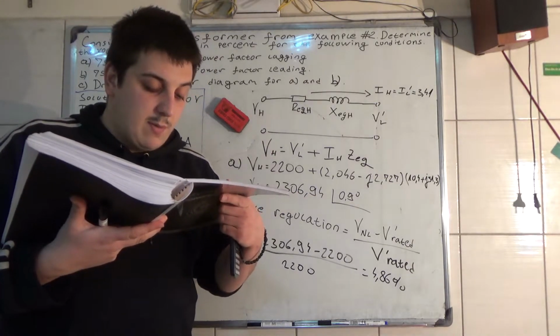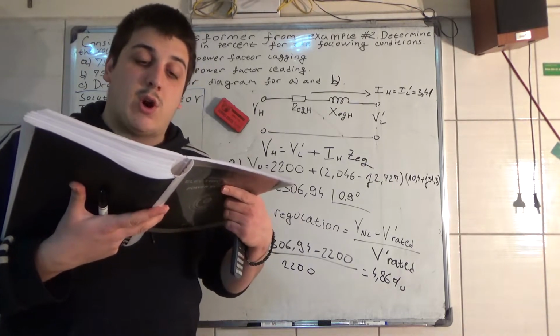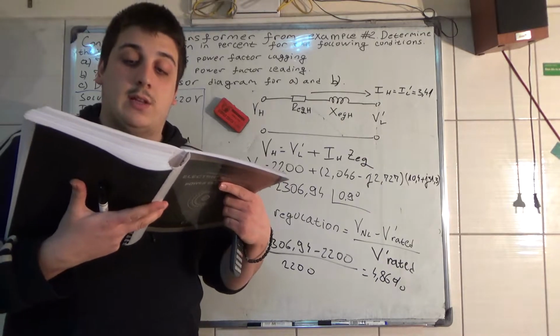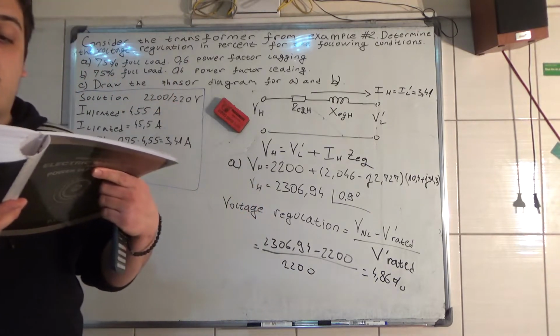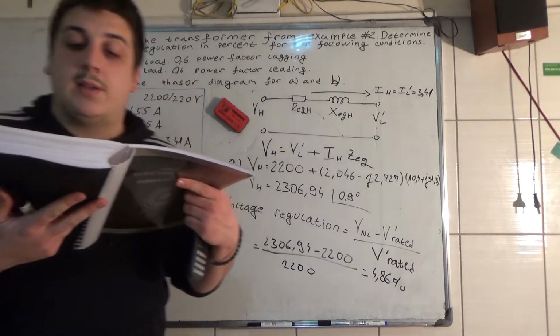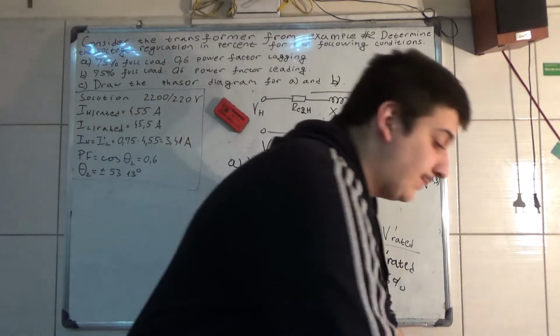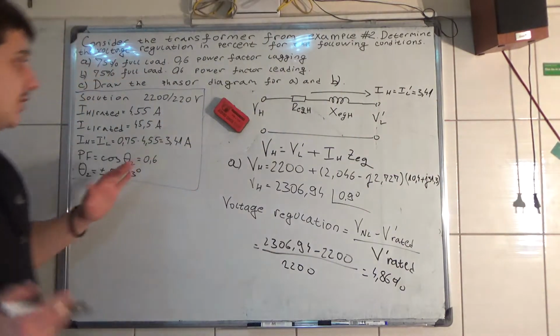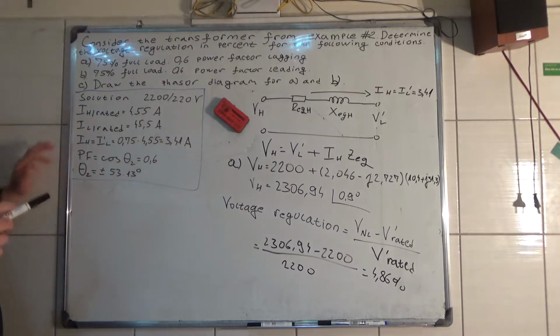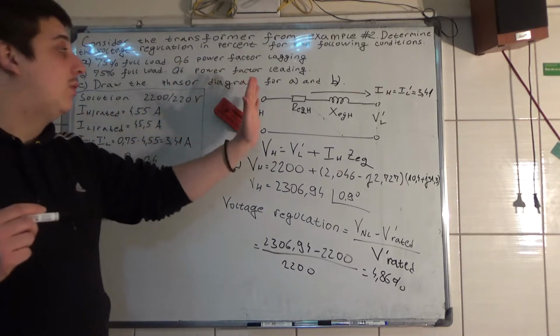In other words, when the 75% full load at 0.6 lagging power factor is connected to the load terminals of the transformer, the voltage drops from 230.69 to 220 volts.